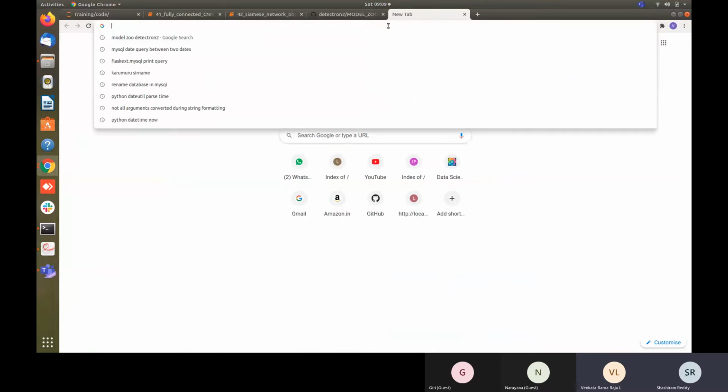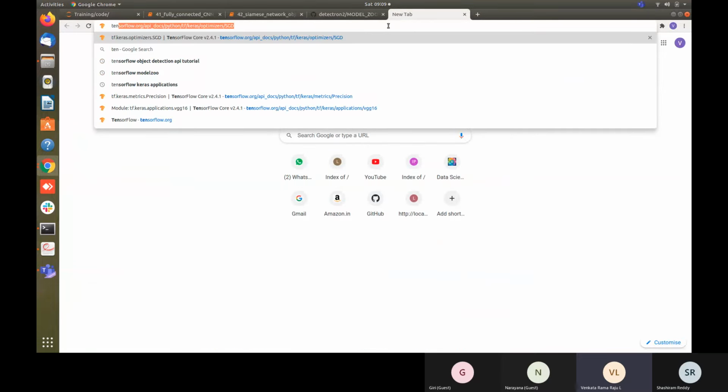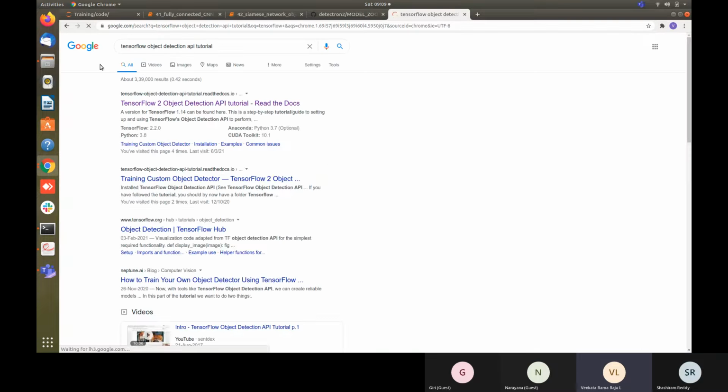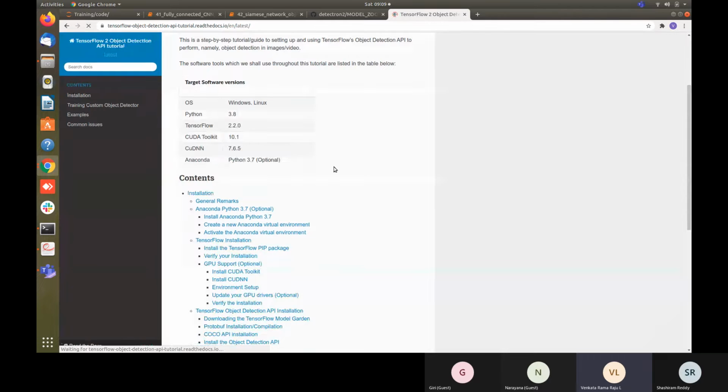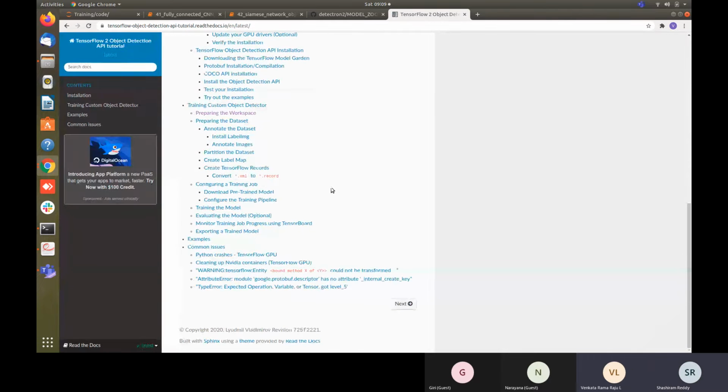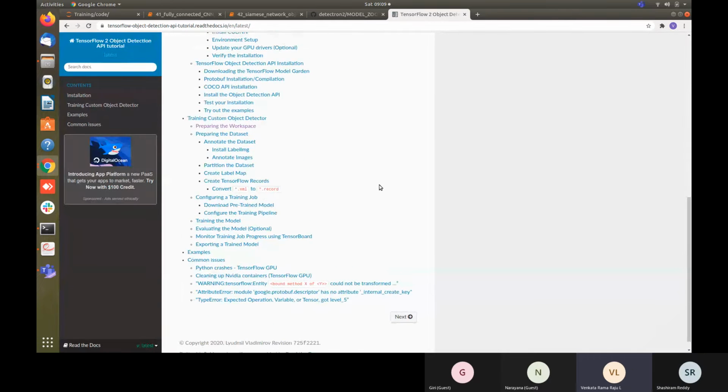I gave you that TensorFlow object detection API tutorial. This one, you follow this one and do one model, you will get a lot of confidence. You can do this on Colab also.